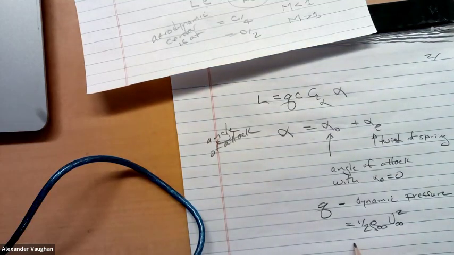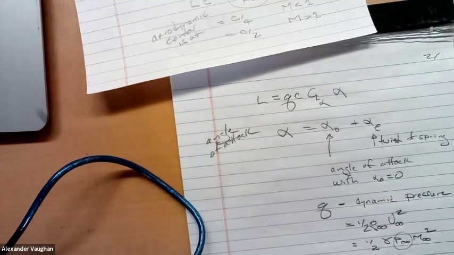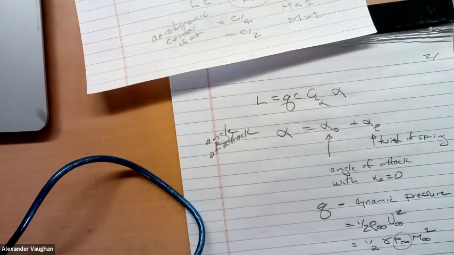You can also write it a different way. You can write it with 1/2 gamma P infinity Mach number squared, where P infinity in our low speed wind tunnel is atmospheric pressure. In our low speed tunnel, the Mach number is about 0.1 because speed of sound is 343 meters per second, and my test is at about 34.3 meters per second, right?